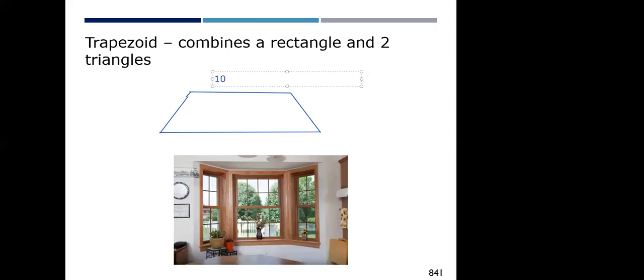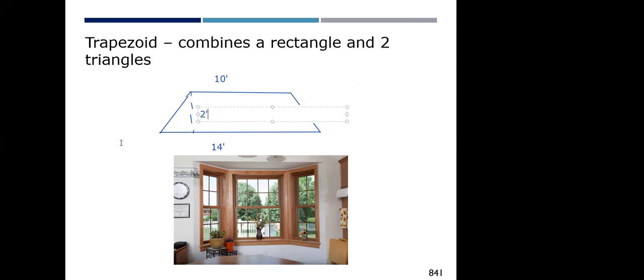So we have 10 feet. I have 14 feet. And then we have a depth from the top corner to the bottom ledge here of 2 feet. That's supposed to be a dotted line.